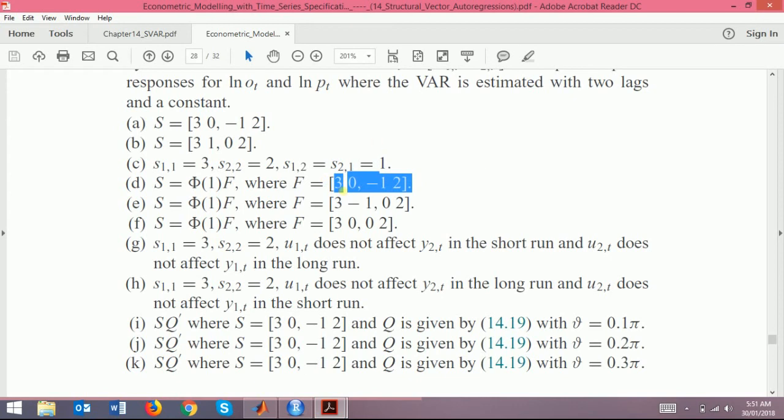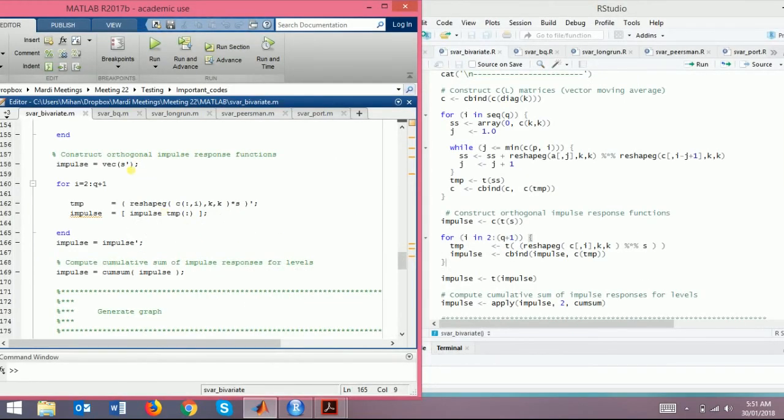So if you do transpose, then 3 minus 1 0 2 is the structure, and when you take the elements now, you get 3 0 minus 1 2, just as the order is maintained here. So it is important that we maintain the order of S.